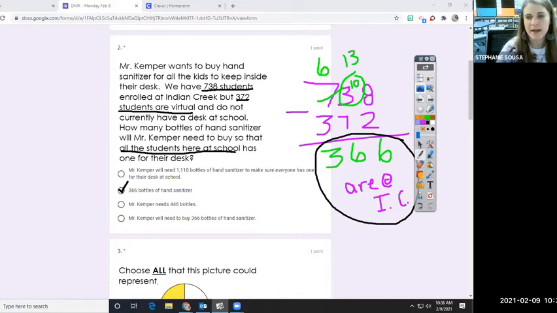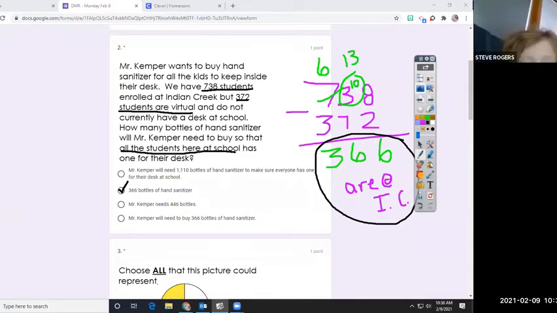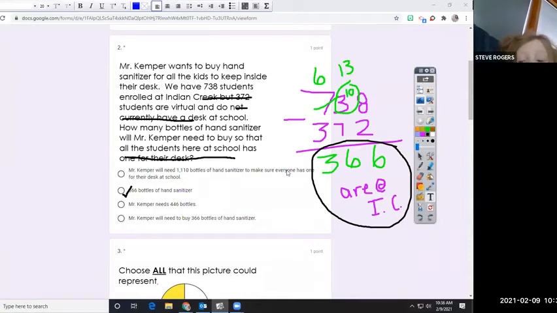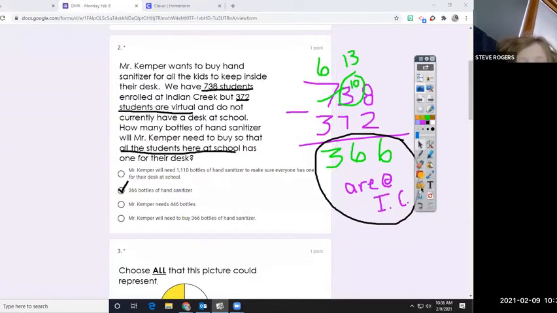What questions could I answer about that one? Yes, Steve Rogers. So it's a story problem. Shouldn't it have an answer that isn't just us telling him how much he needs, but in a sentence?